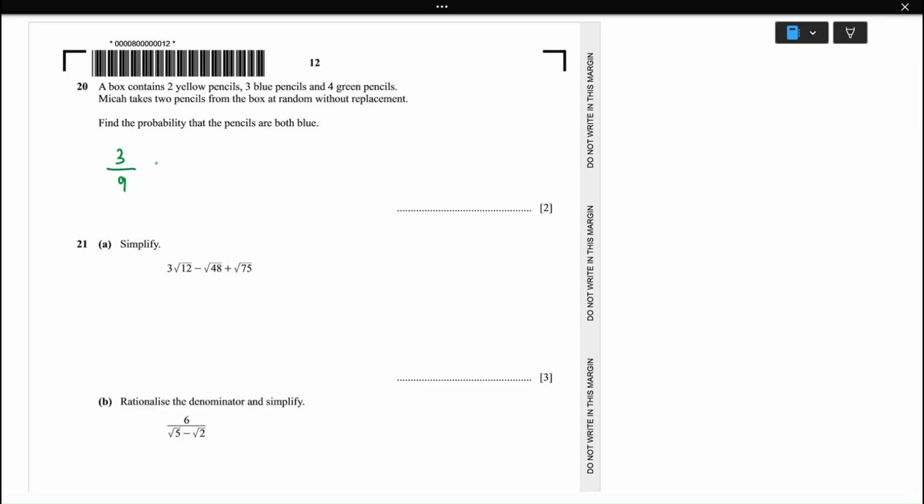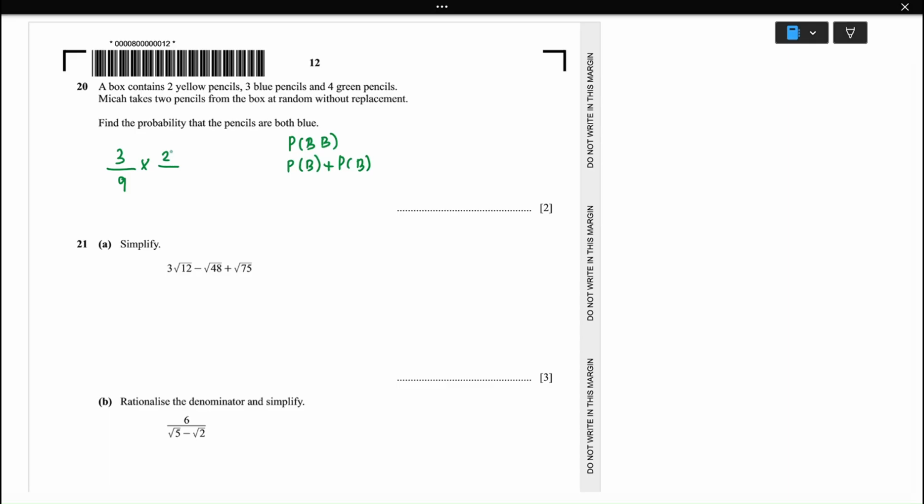Next, we choose a second pencil, and that means we have to multiply. So we write probability of blue and blue. This is without replacement, so there are 2 blue pencils remaining, because you already took 1. So the second is 2 blue pencils out of how many pencils?